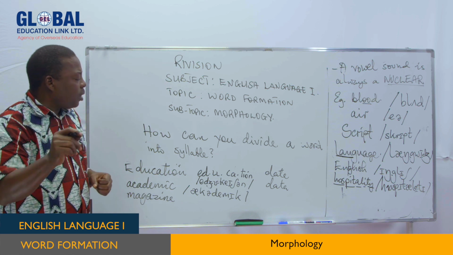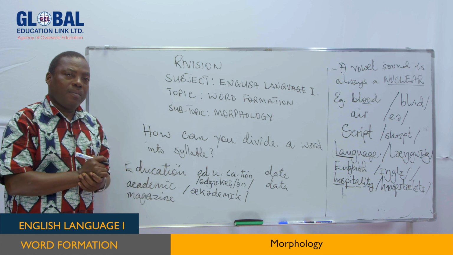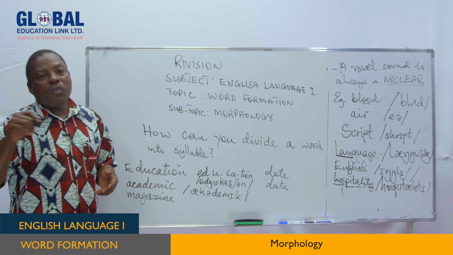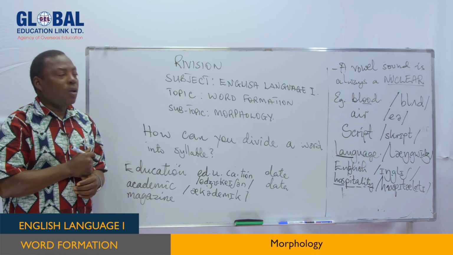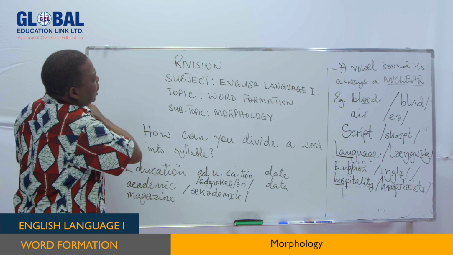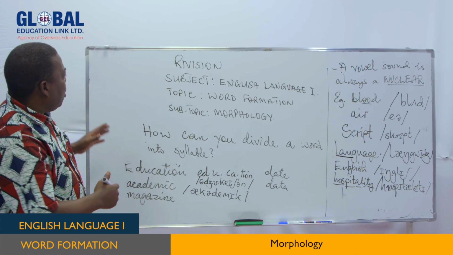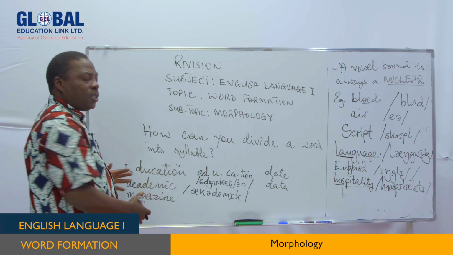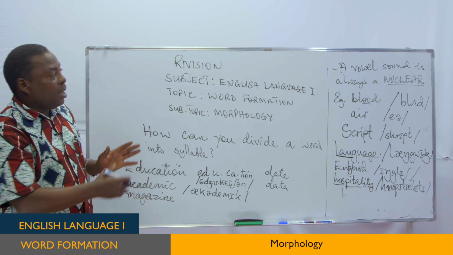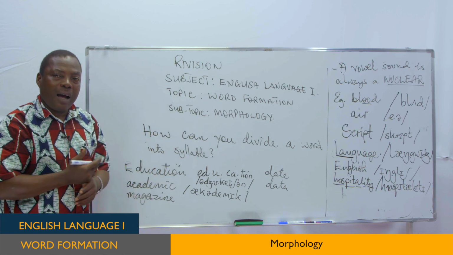The most important thing as to why we have to study this syllabic division is that it helps us sometimes during writing. When we write, we don't just write continuously as we go. We have pages where, when you reach the end of the page, maybe there's a small space, and you want to write a word but it's not enough.